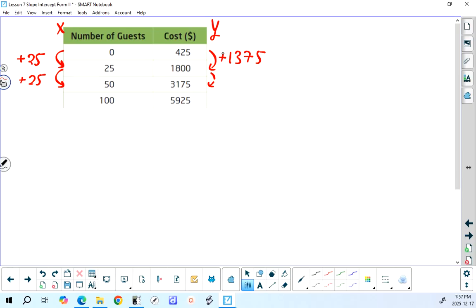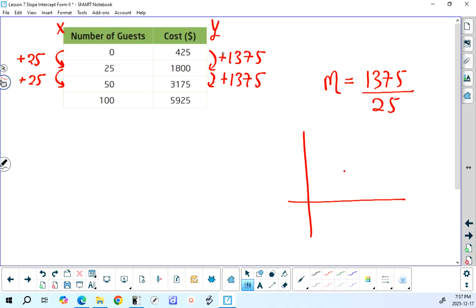And what that is telling you is that the slope is 1,375 divided by 25.